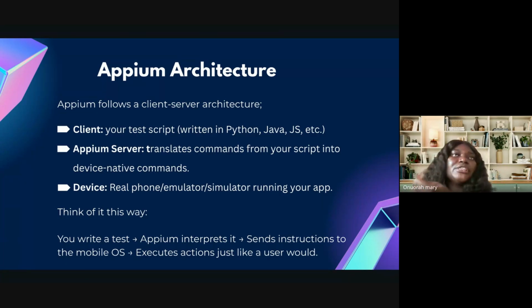If it's Android, it converts it into what your Android device will understand, and then executes those commands on the device. The Appium server is like the middleman between the client and the actual device you're using, be it real devices, emulators or simulators.